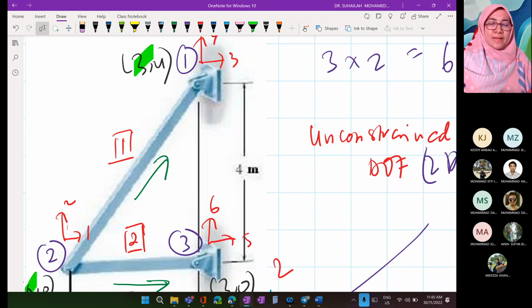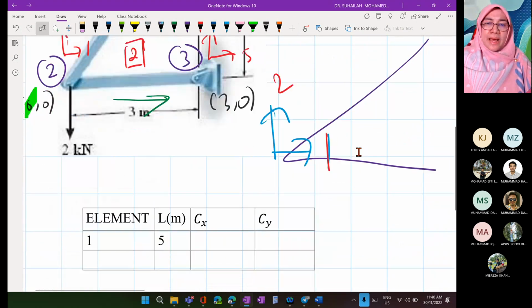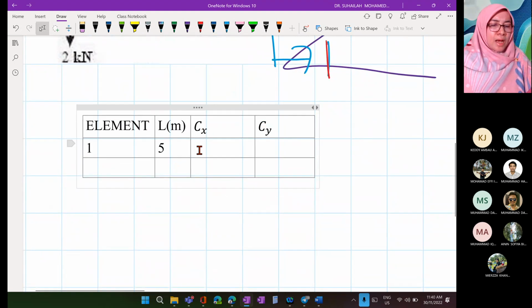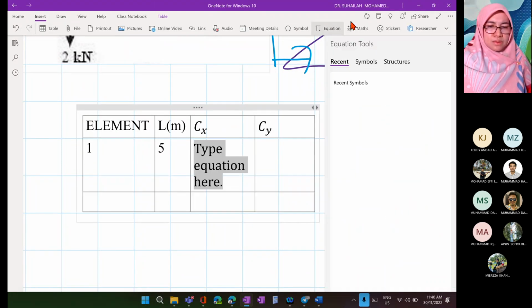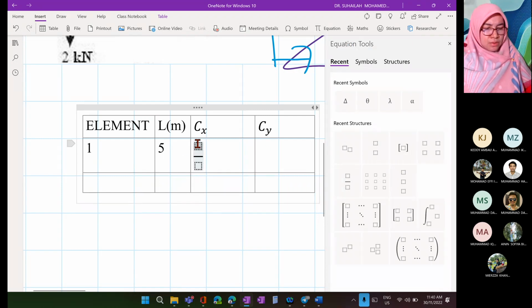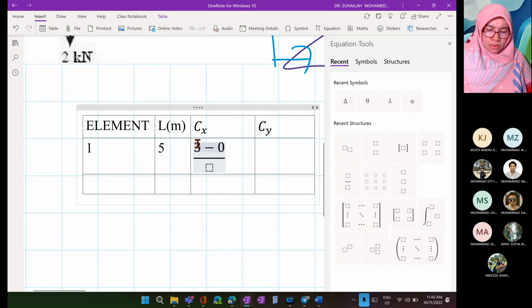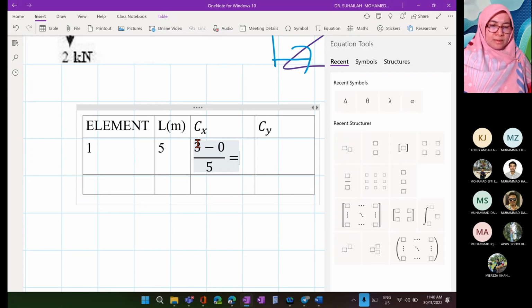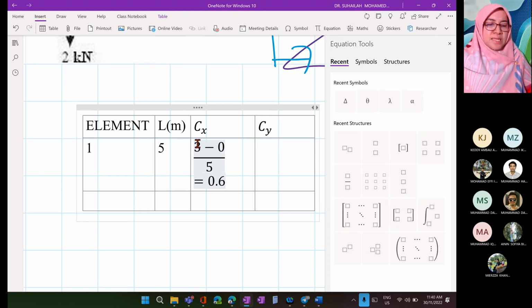So it is 3 minus 0, and we have to divide by L. 3 minus 0 divided by the length, which is 5. So we get this as 0.6.